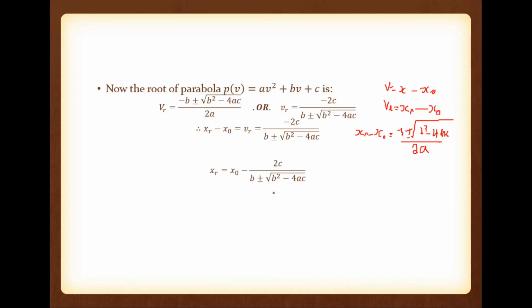If you are using this equation, xr is equal to x0 minus 2c divided by b plus or minus root of b square minus 4ac. If you are using the other equation, then xr is equal to x0 plus minus b plus or minus root of b square minus 4ac, divided by 2a.